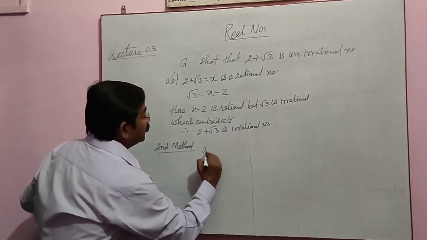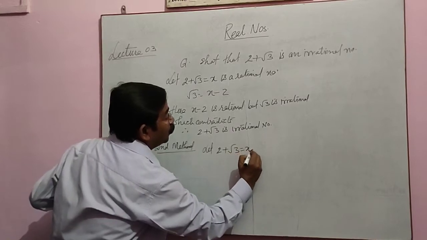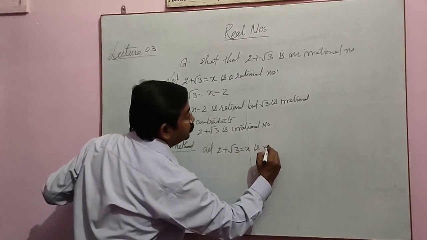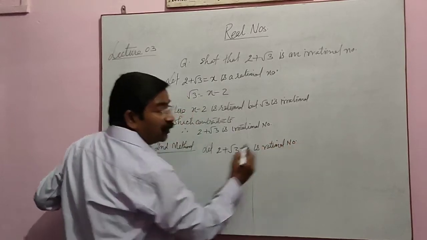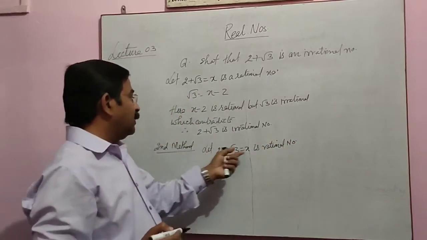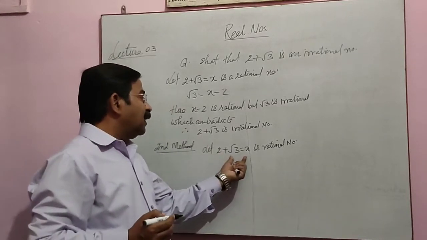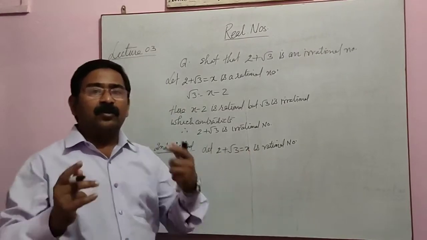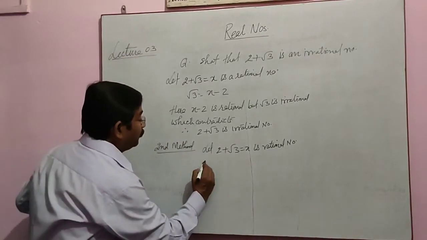We write, let 2 plus under root 3 is equal to x, a rational number. In place of this you can write p upon q also, a upon b also. So if it is a rational number, then the square of a rational number is a rational number. Squaring both sides.